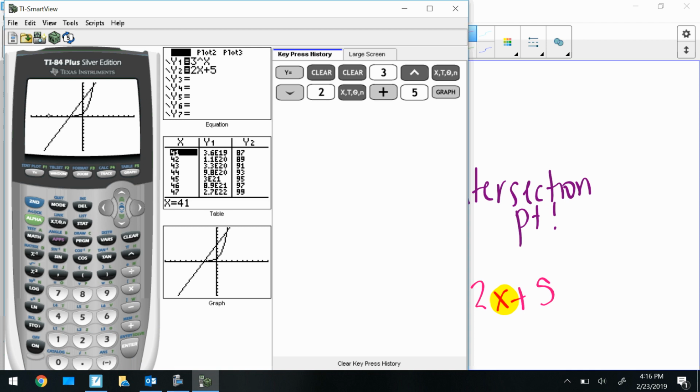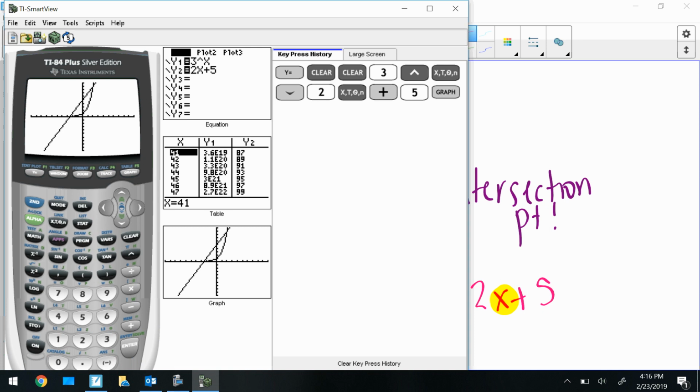You can't see it because the pixels of the calculator make it look like it goes right onto the axis, but it's not actually lying on the axis. There are points along there. While there's one up here, there's another one down here. So there are actually two different intersections, and we're going to have to find both of them.